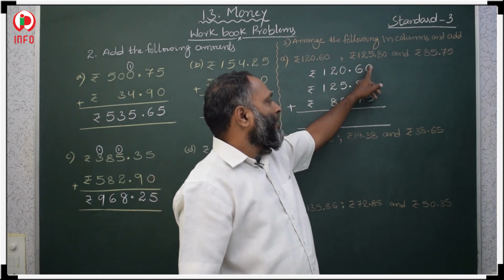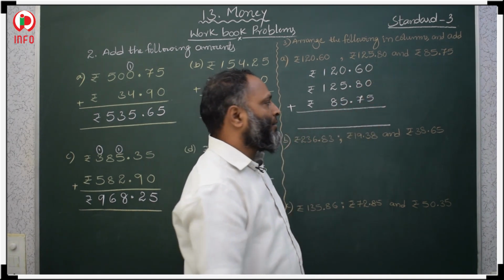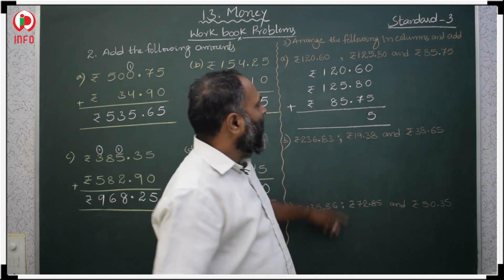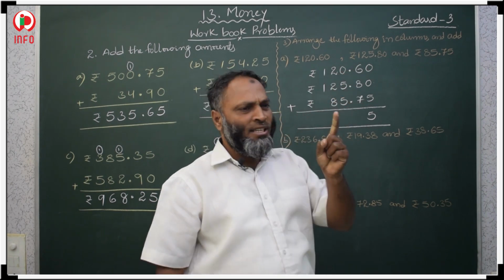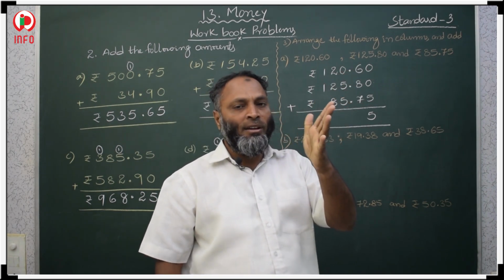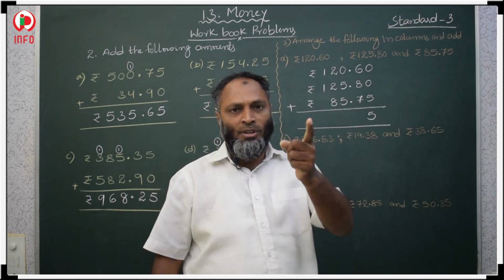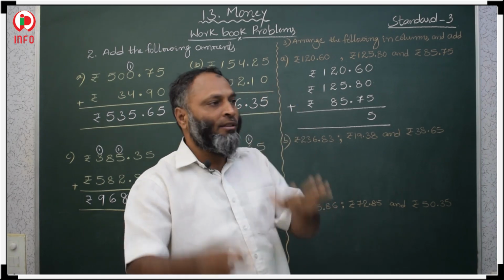Addition. The extreme right digit, that is in pies: 0 plus 0, 0, 0 plus 5, 5. Okay. Now, next digits: 6 plus 8, 6, 7, 8, 9, 10, 11, 12, 13, 14. 14 plus 7, 15, 16, 17, 18, 19, 20, 21.